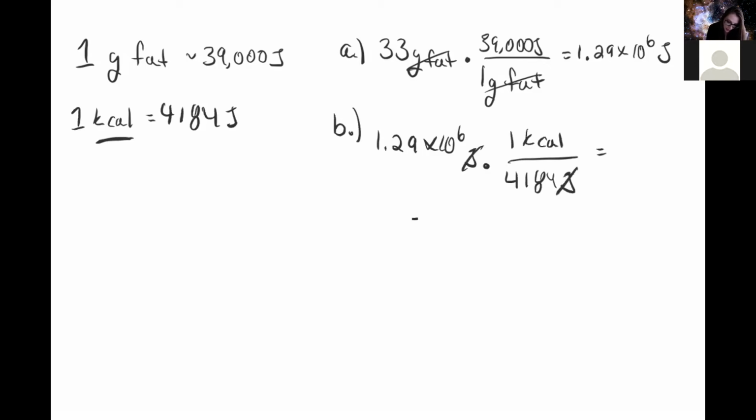So that tells us that 33 grams of fat is the same thing as 308 kilocalories, or that would be the calorie content that you would see on a food labeling package. So the Big Mac, just from the 33 grams of fat, contains 308 kilocalories, or what we normally think about as calories when we're consuming food, okay? That's just from the fat. That doesn't count the carbs in the bread that goes along with the Big Mac, okay? So that's just from the fat.